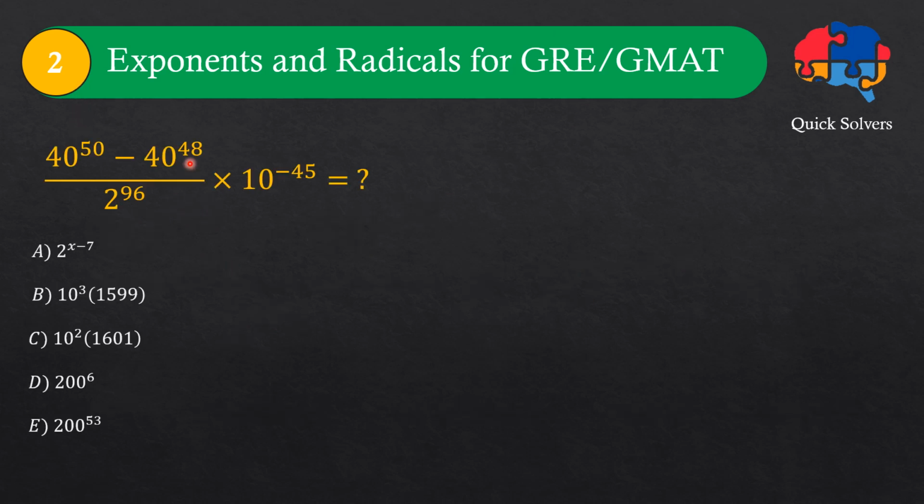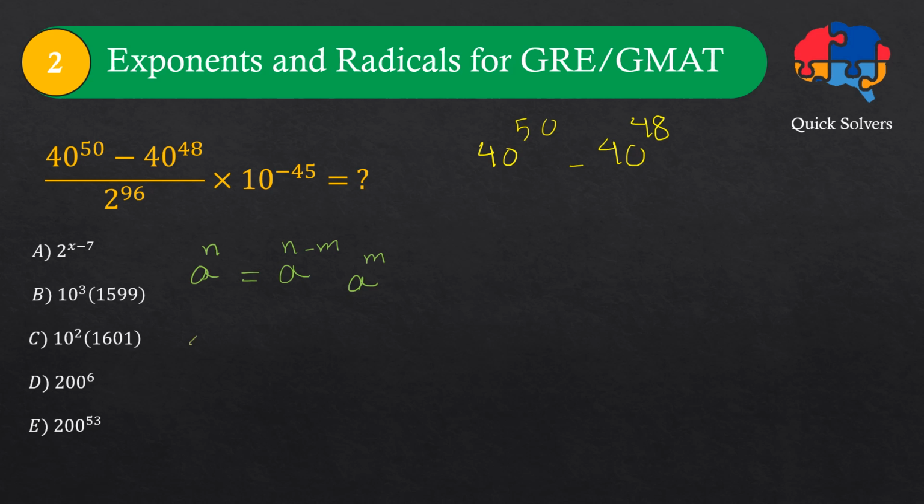Alright, so let's start with the numerator, these two terms. We have 40 to the power of 50 minus 40 to the power of 48. Generally, when we have a to the power of n, we can rewrite this as a to the power of n minus m times a to the power of m.